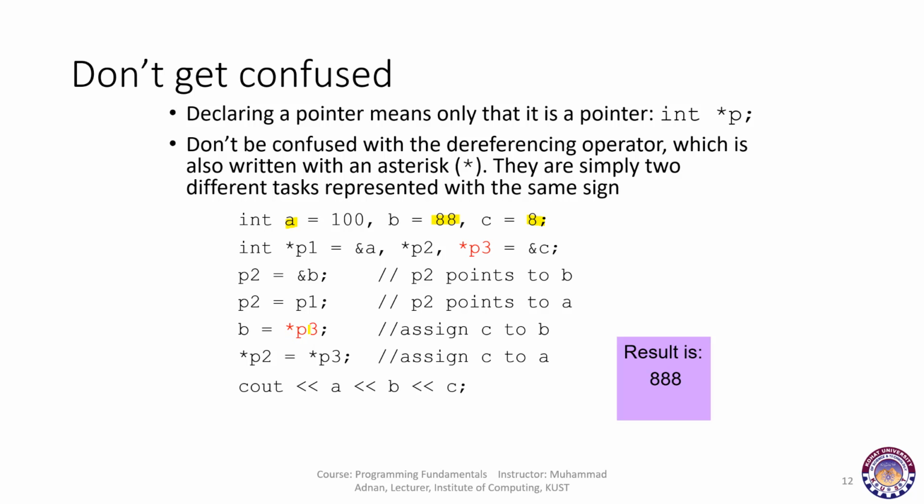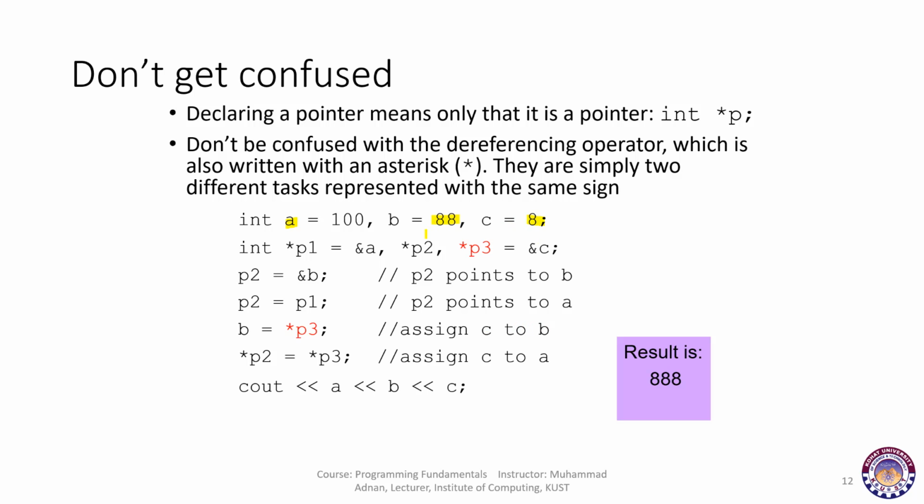It means go to the address, and whatever is stored at this address pointed to by P3, get that value. So P3 is holding the address of C, so get that value, we get 8 and assign it to B. So B now will have a value of 8, and then assign C to B.